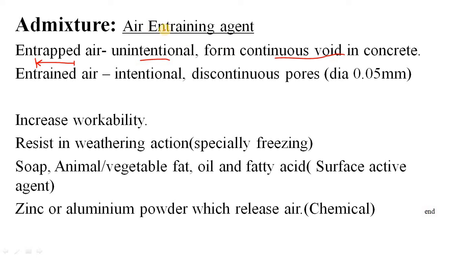That's why we remove the entrapped air. But here I am talking about entrained air. What is entrained air? It is intentional. We intentionally introduce air into the concrete, and this creates discontinuous pores within the concrete. Its diameter is almost less than 0.05 mm.